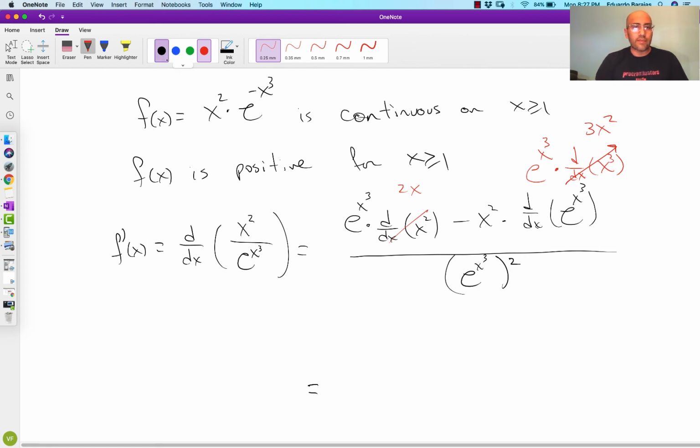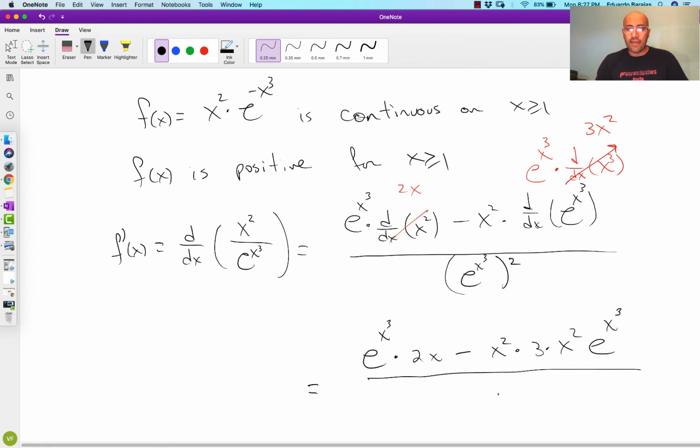So let's write that all down. This is going to be equal to e to the x to the power of 3 times 2x minus x squared times 3 times x squared e to the power of x to the power of 3. All of that gets divided by e to the x cubed, and the whole thing is being squared.